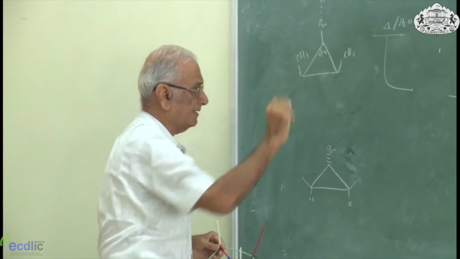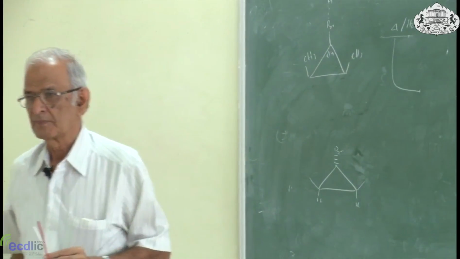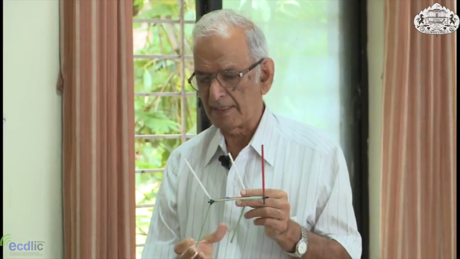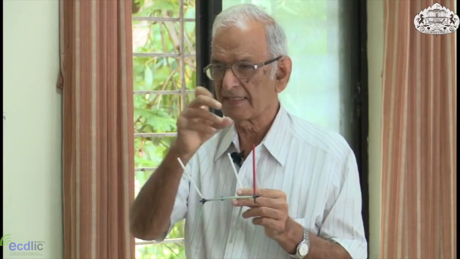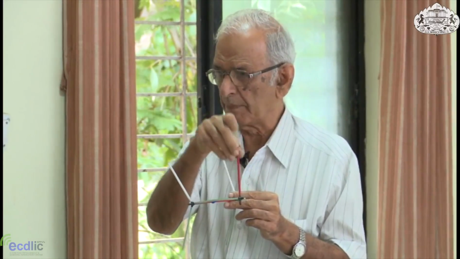In the first starting material, all substituents were on the upper face. The methyls were on the upper face, the bromine was on the upper face. In my second case, my methyls are on the lower face, my bromine is on the upper face.